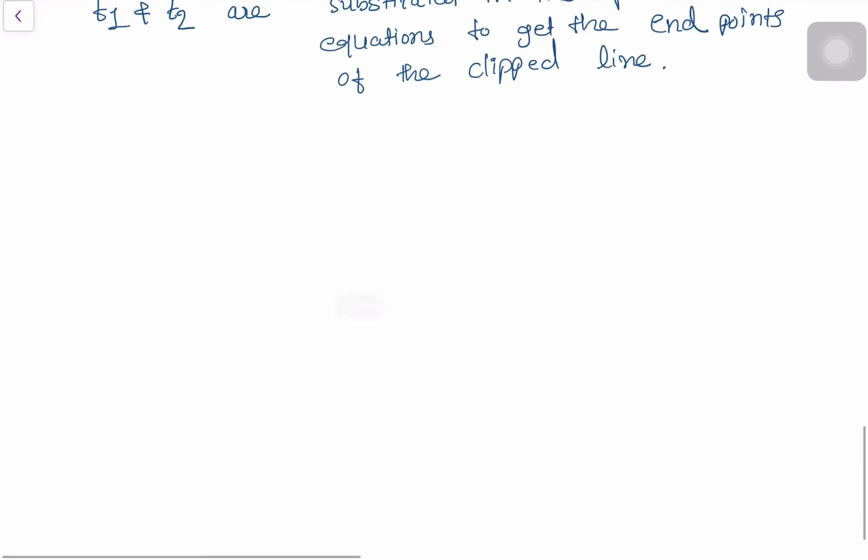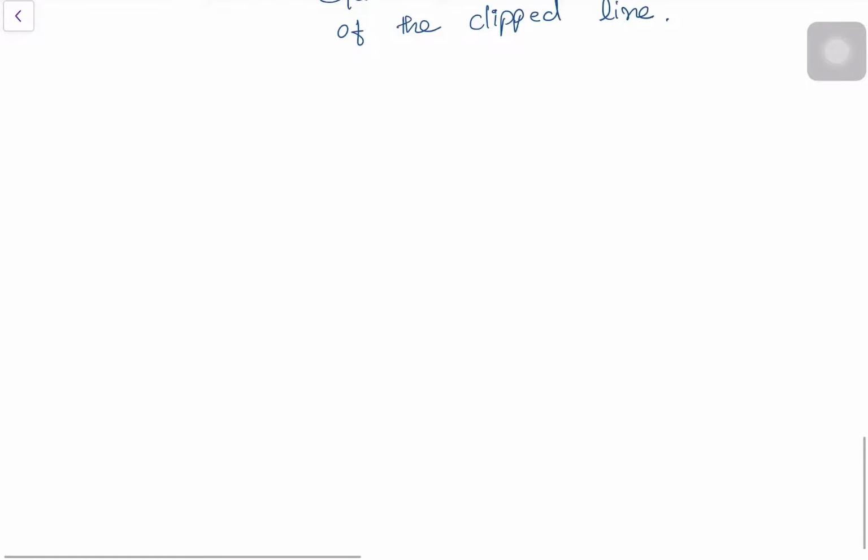Now let's see the algorithm for Liang and Barsky. What will be the steps?